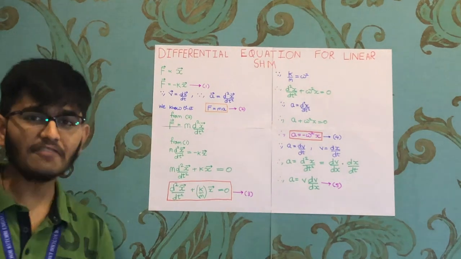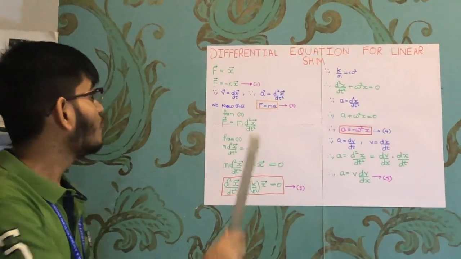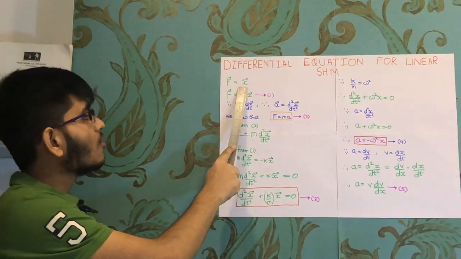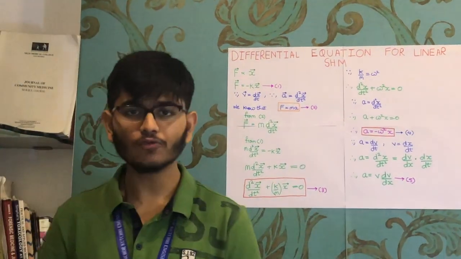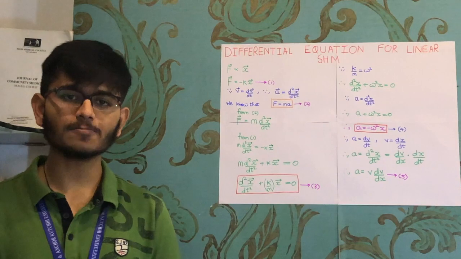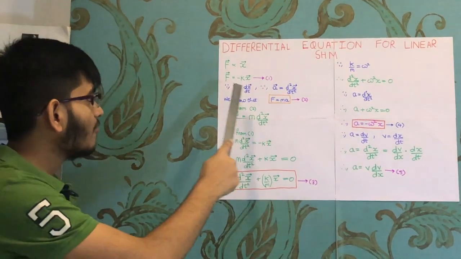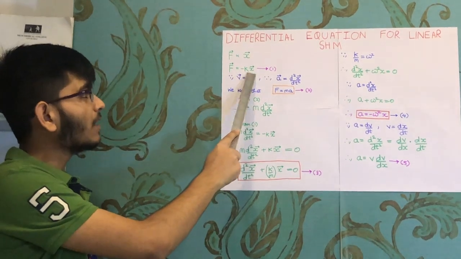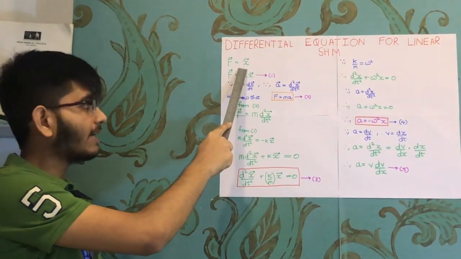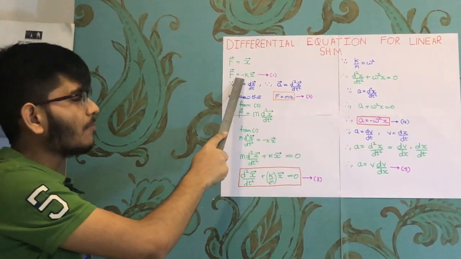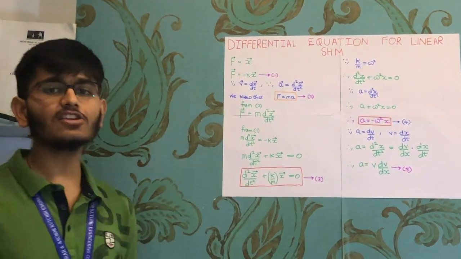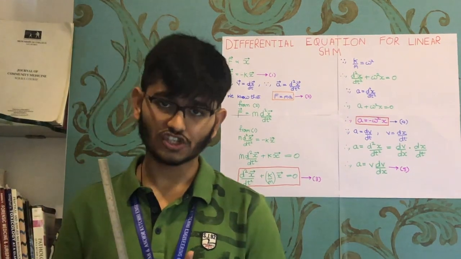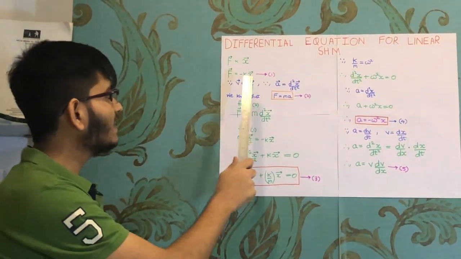So as I have discussed earlier, the restoring force is directly proportional to displacement. Over here F is the restoring force and x is the displacement. So we can say that F bar is equal to minus Kx bar to remove the proportionality sign, and the minus indicates that the direction of the restoring force and the displacement are opposite.